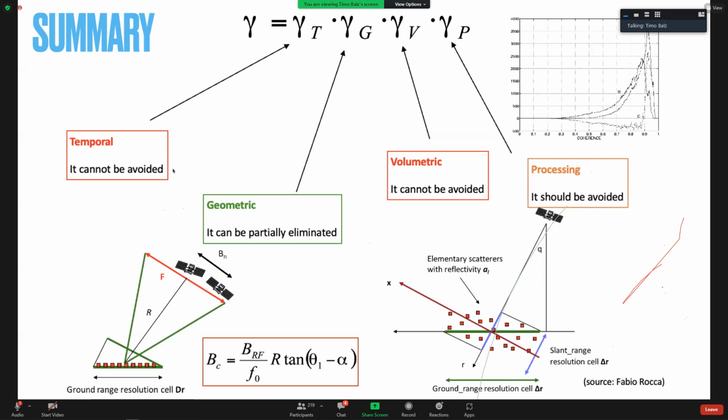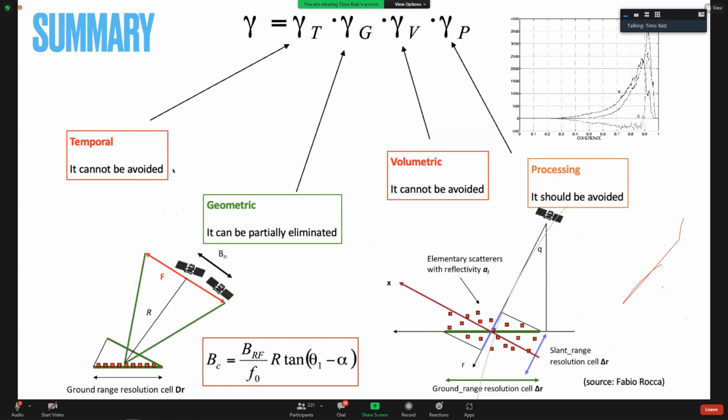The geometric decorrelation can be improved when we have a very small spatial baseline. Volumetric decorrelation cannot really be avoided. However, the processing decorrelation from processing errors, from software errors, clearly should be avoided as much as possible.